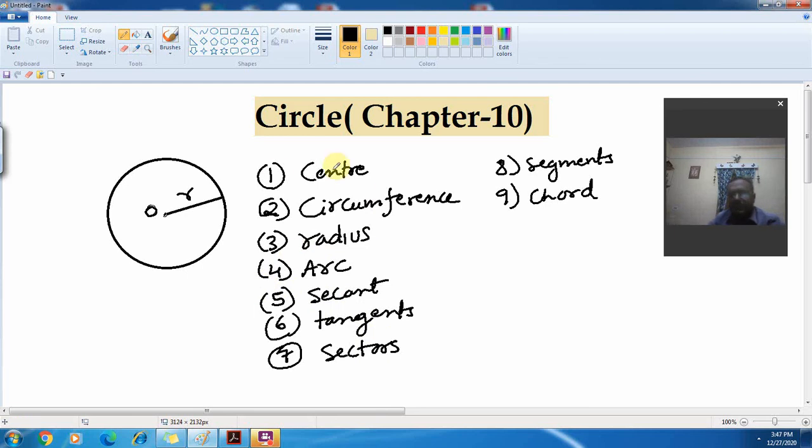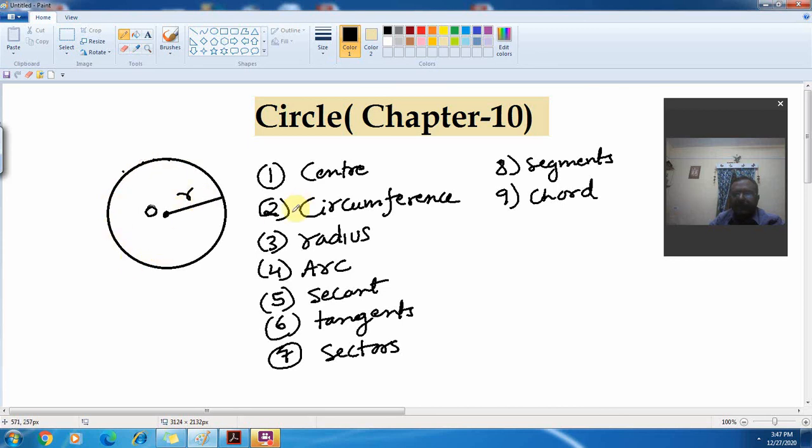So first we will see the center. Center is the center point of a circle, with reference to which we draw the other points which are lying on the circle, that is the boundary of the circle. So it is a point which is at an equal distance from the other points on the boundary of the circle.